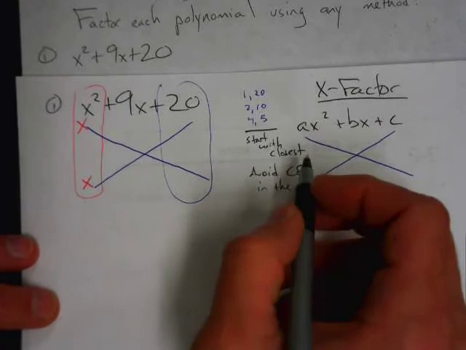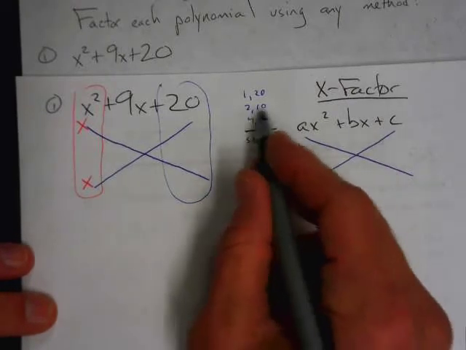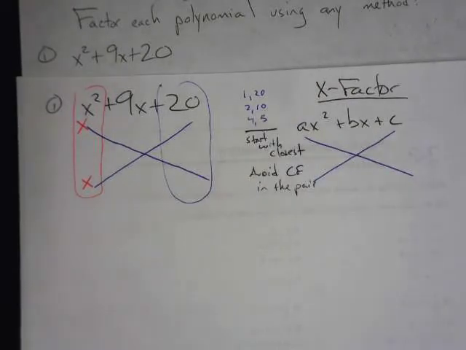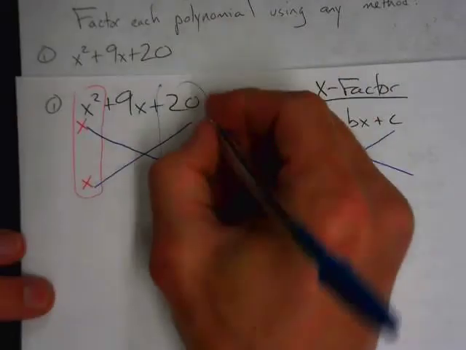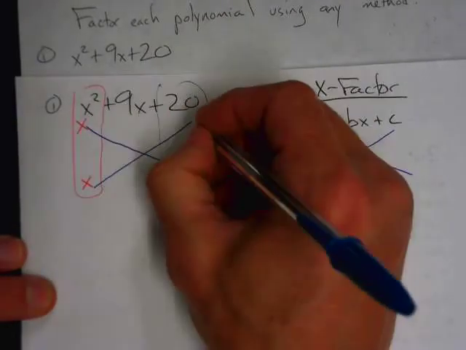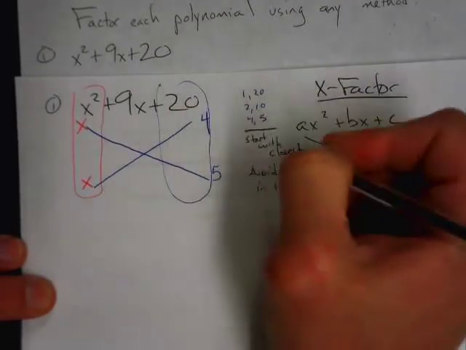You never know. Anyway, we can clearly see that 4 and 5 are the two numbers we're going to work with. So just like we put x and x here, we're going to put 4 and 5 here.